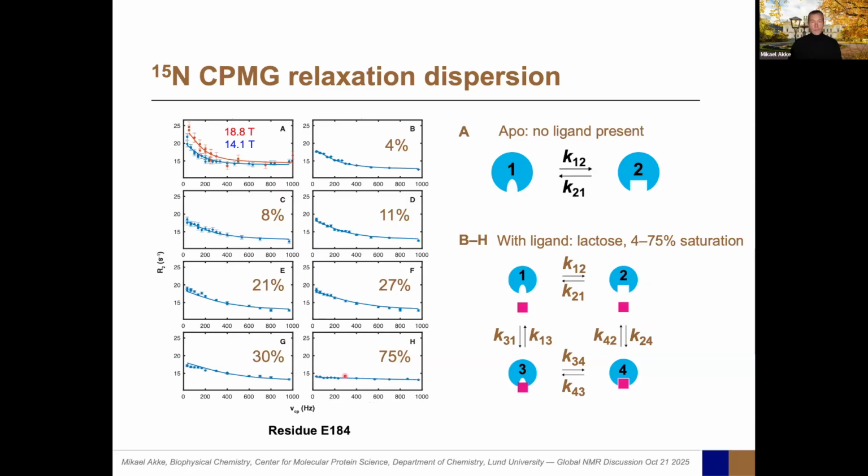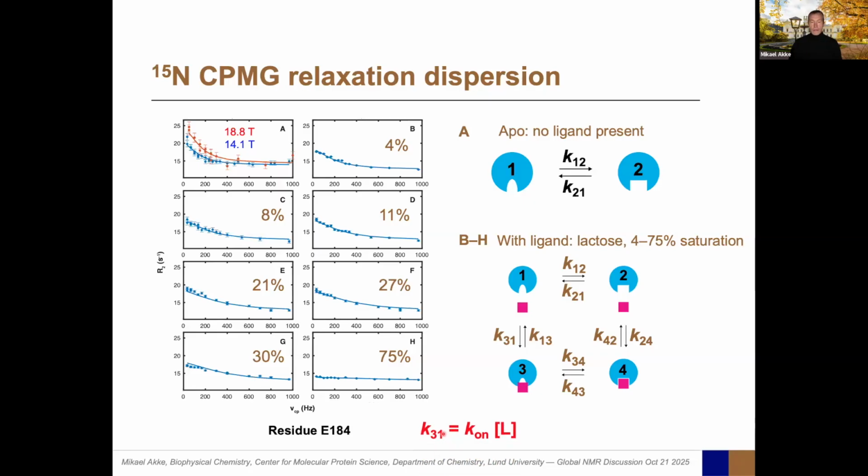The dispersion here is almost exactly flat, and that means that there's no more information. It's the change between concentrations that carries the information that we're looking for, that will help us determine all of these exchange rates. And the exchange rate gets faster and faster, and in the end we get into the fast exchange regime, and we cannot refocus the exchange events any longer with the 180-degree pulses.